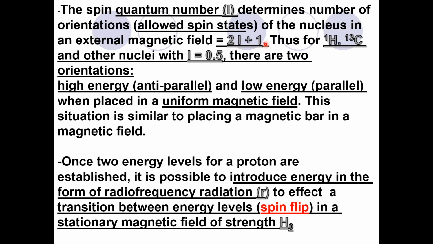One is higher energy, which spins against the applied magnetic field, and the other is lower energy, which spins with the applied field. Of course, the proton and the carbon represent the most important examples because they constitute organic compounds.